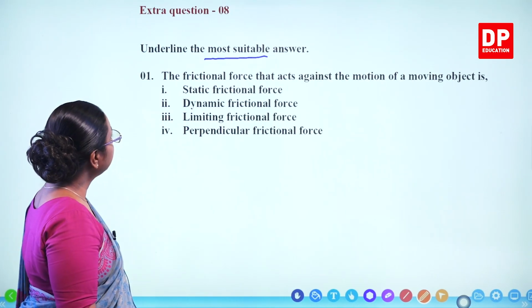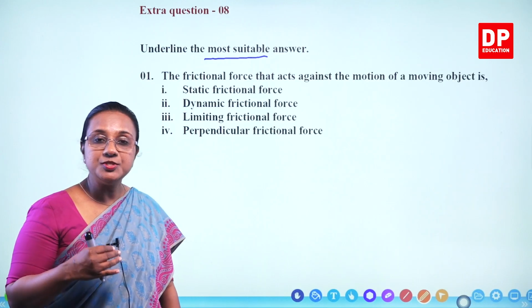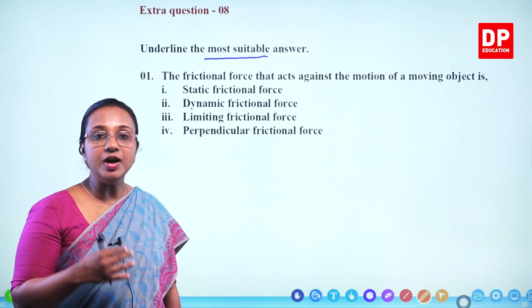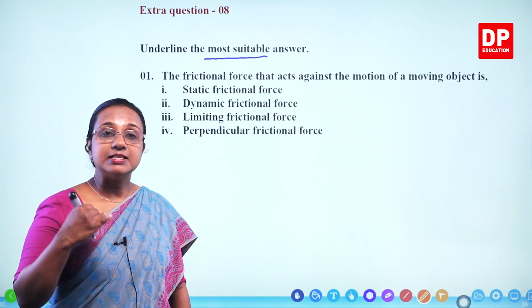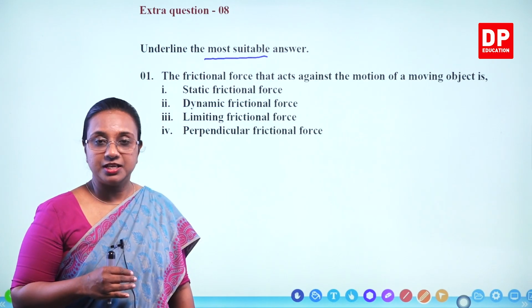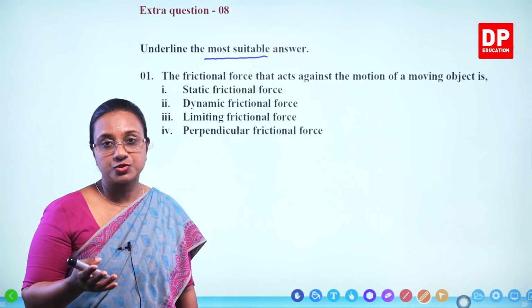You know the 3 states of friction. Static frictional force: when an object is trying to move relative to the contact surface, the surface exerts a friction and balances the applied force.